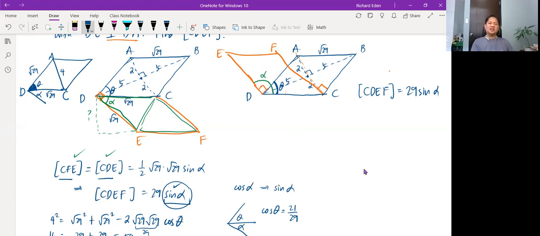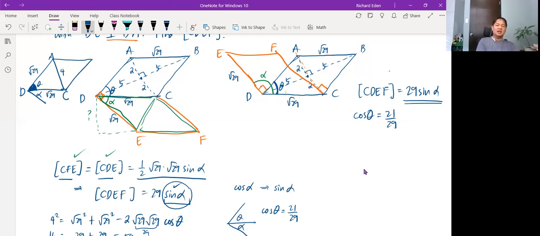For CDE, CD is the square root of 29, so ED is the square root of 29, and alpha is the included angle. The area would be half of the square root of 29 times the square root of 29 times sine alpha, and then double that, so the area of CDEF is still 29 sine of alpha. And the angle theta is the same, so cosine of theta is still 21 over 29.